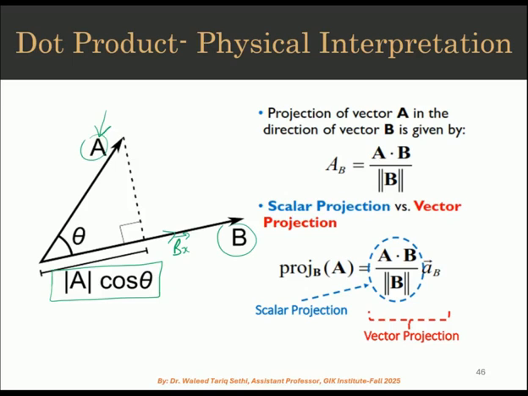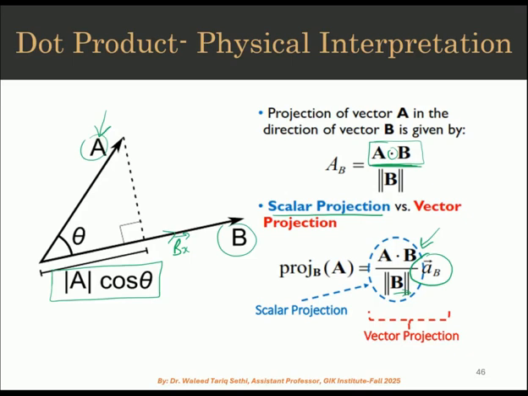The scalar projection is: we take the dot product of a and b and divide it by the magnitude of b. Similarly, to convert this scalar projection into a vector, the equation remains the same, we just introduce the vector element, in this case a unit vector along the b vector. This gives us the complete vector projection of a onto b.